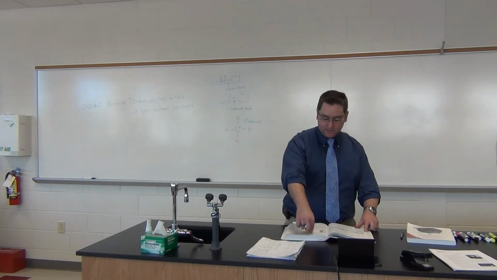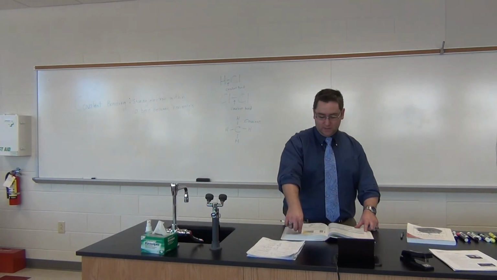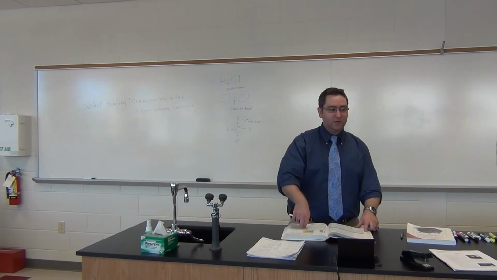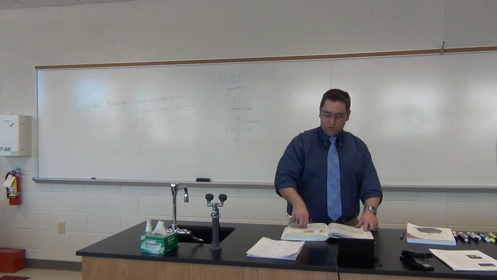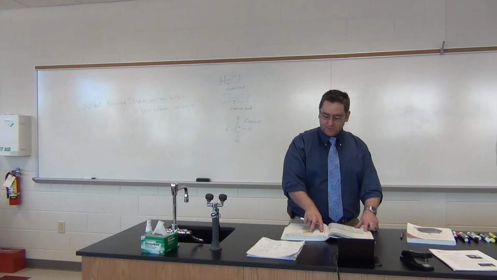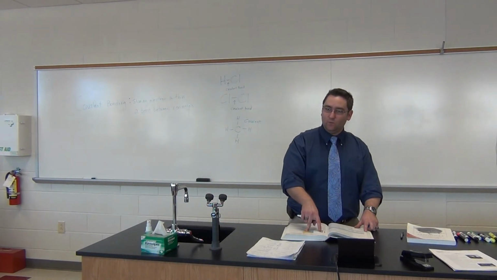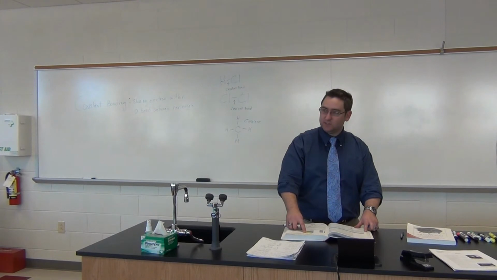As you go across each row, electronegativity increases. As you go down each column, electronegativity decreases. If you're comparing which one is more electronegative than another, you can look at where they are arranged in the periodic table and how close they are to fluorine.